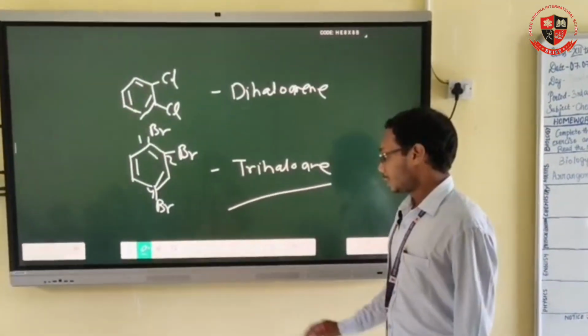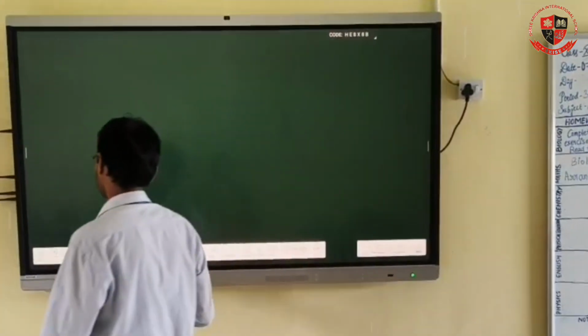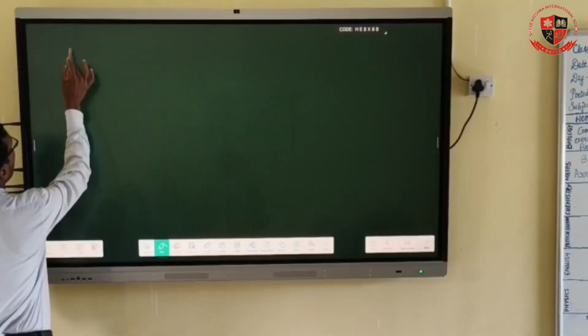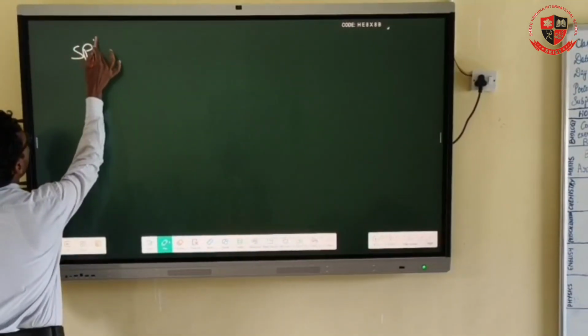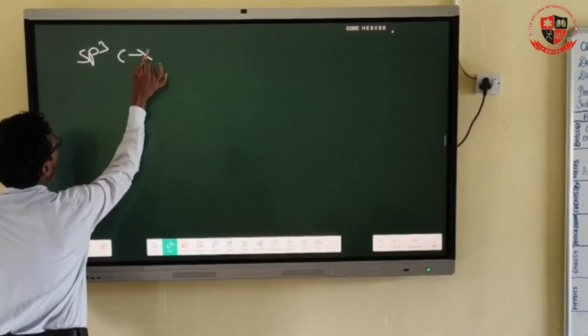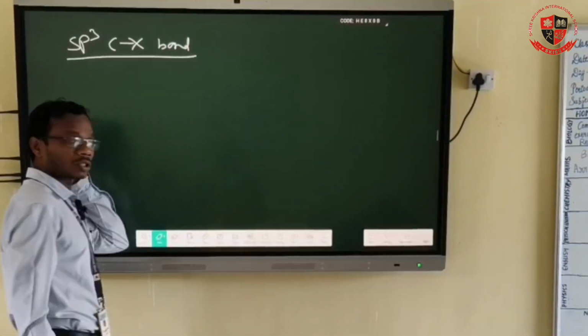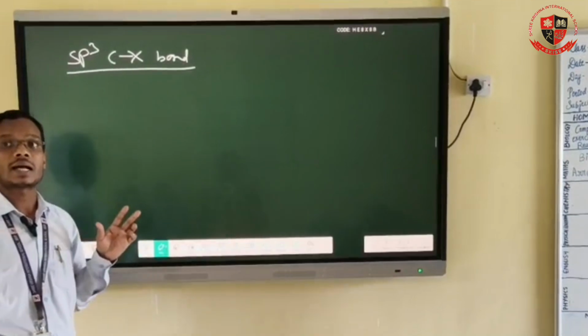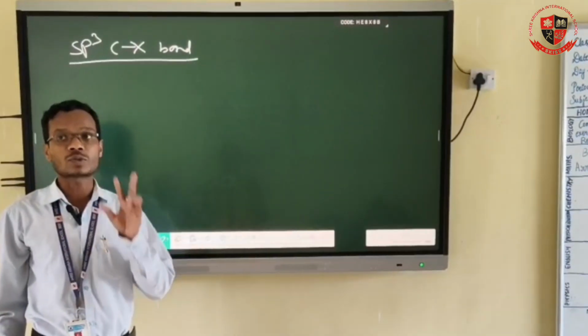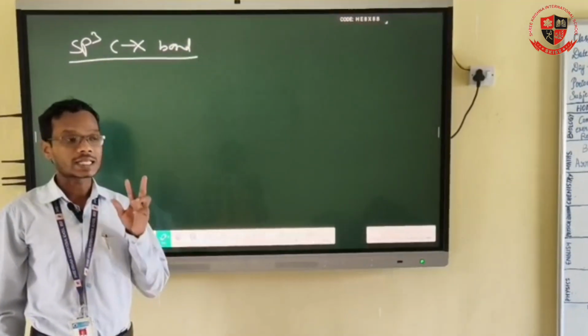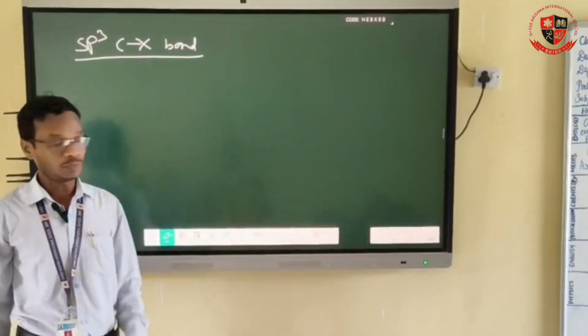Understand? Now, the next classification is based on the sp3 carbon-halogen bond. In the last class, we already discussed that in haloalkanes and haloarenes, we can find two types of bond. One is sp3, another is sp2.